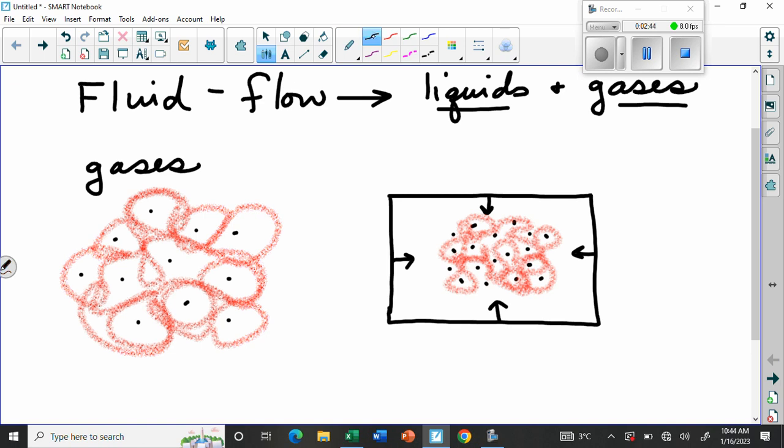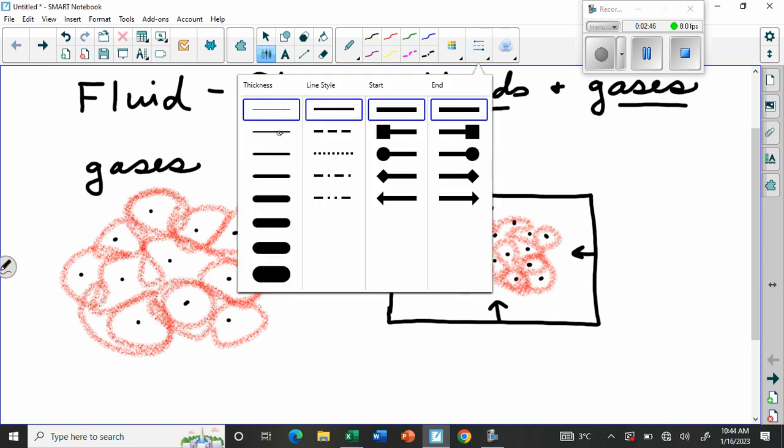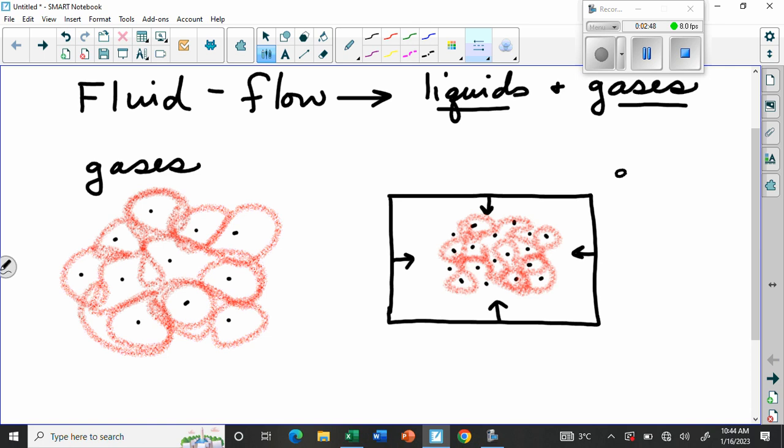So I'm going to use that word here, compressed. Gases can be compressed. They can be squished a little bit, actually a fair bit.